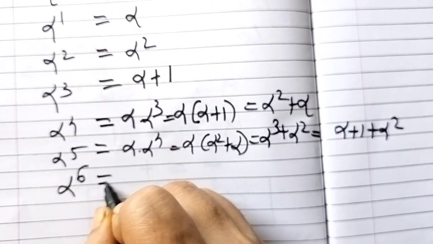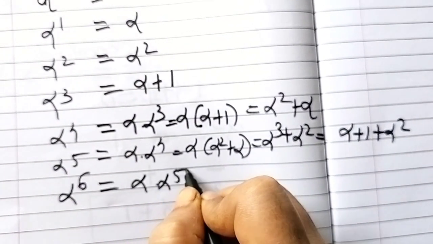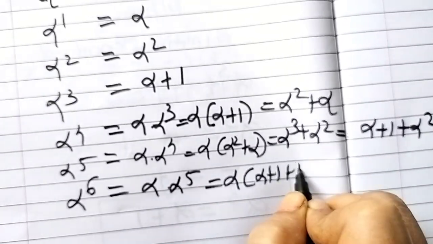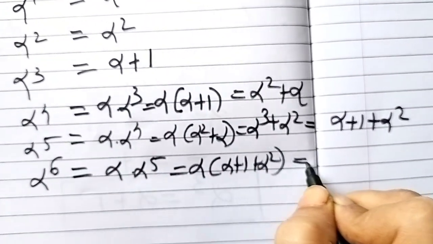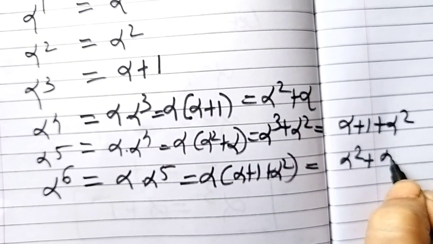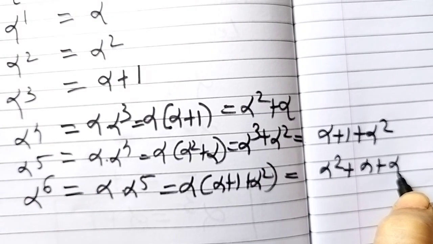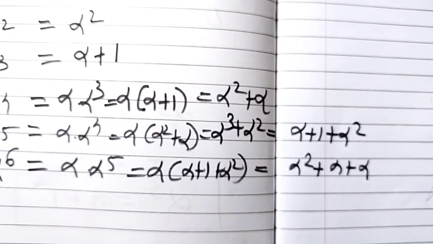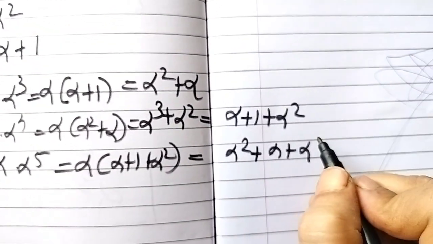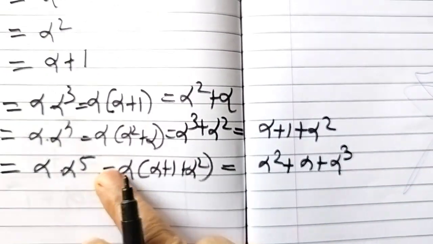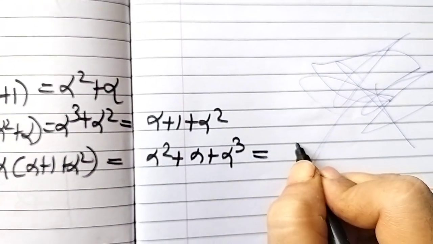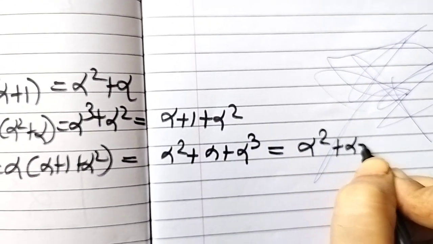Now what is alpha raised to 6? It is alpha into alpha raised to 5. That is equal to alpha into alpha plus 1 plus alpha square, which is alpha square plus alpha plus alpha cube.